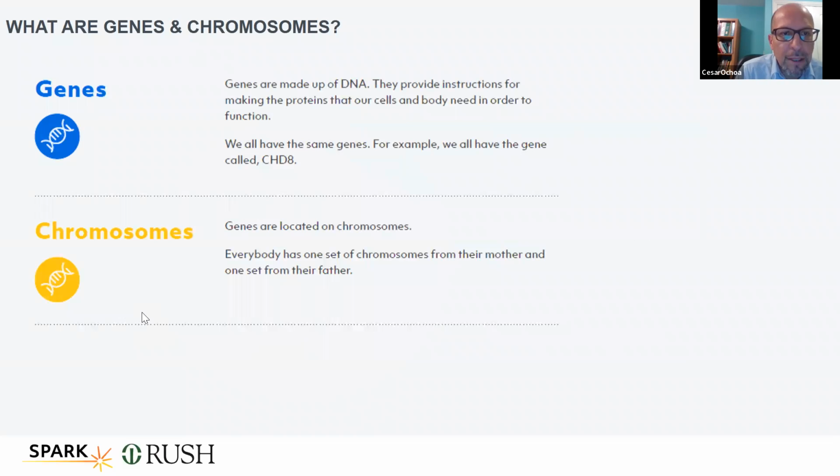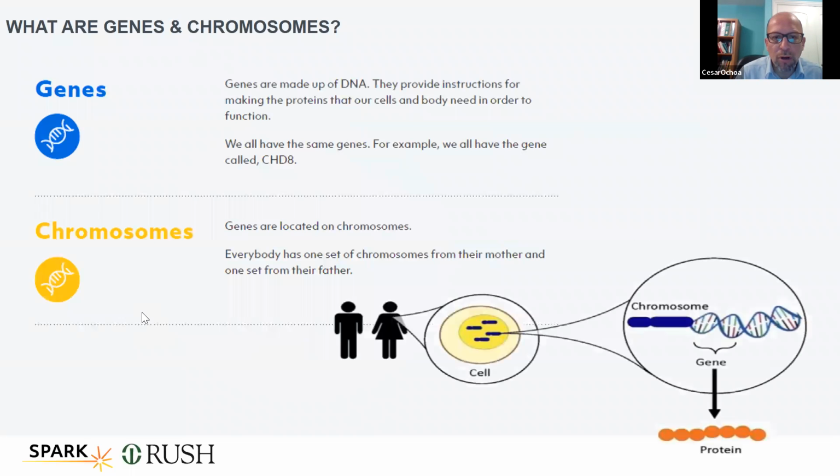So what are genes? What are chromosomes? A gene is made up of DNA, and genes provide instructions for making proteins. Each gene is going to be coding for a protein, and many times these are important proteins that have an important role in the functioning of our systems.